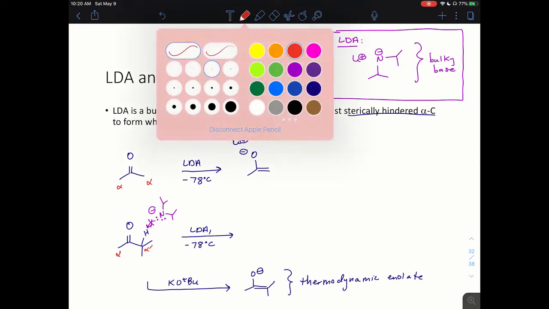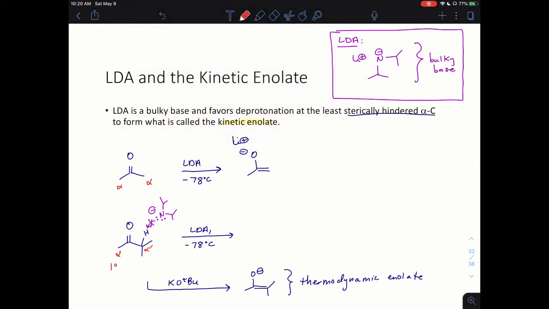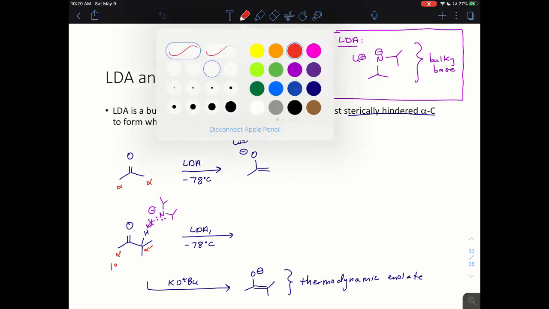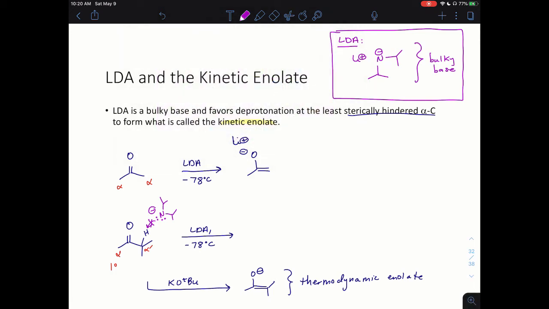So in the case of the asymmetrical ketone at the bottom of the screen, we will observe deprotonation at the primary alpha carbon. So LDA will actually deprotonate the primary alpha carbon to generate this enolate, the kinetic enolate.